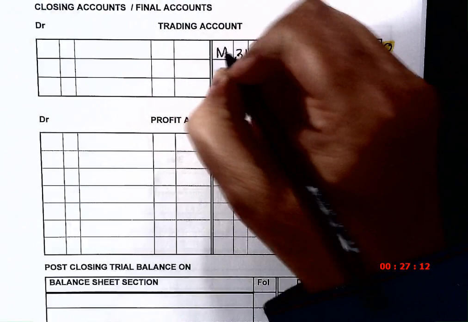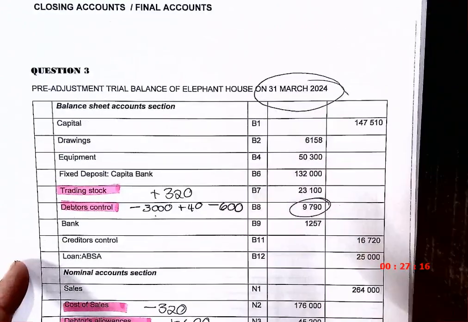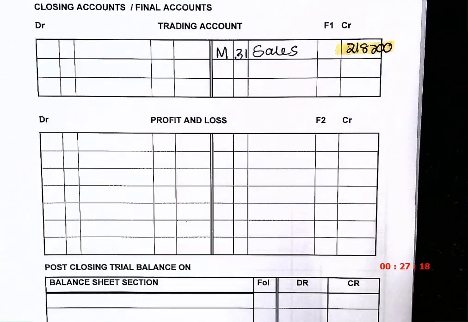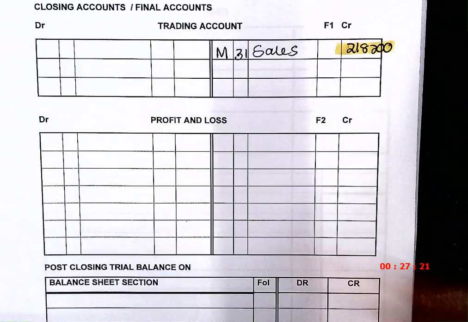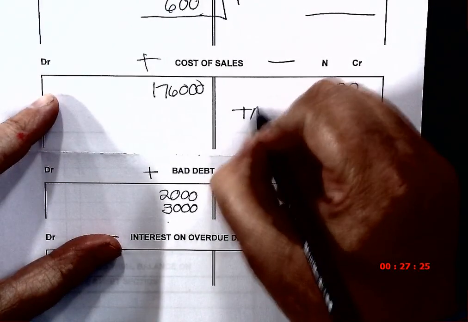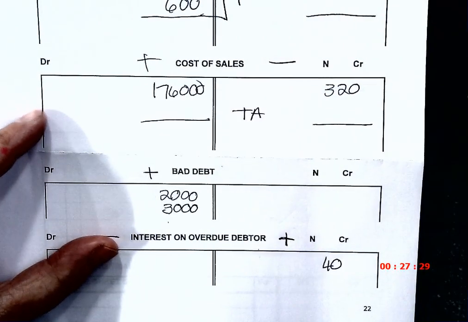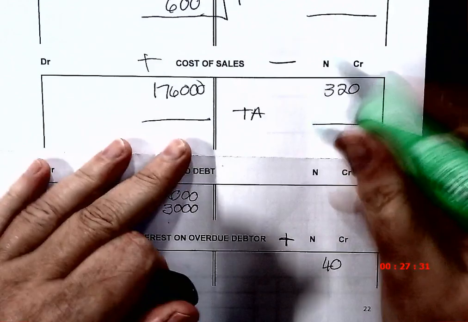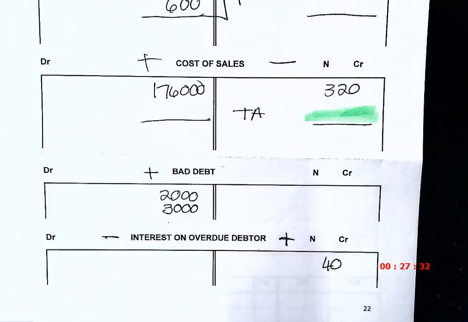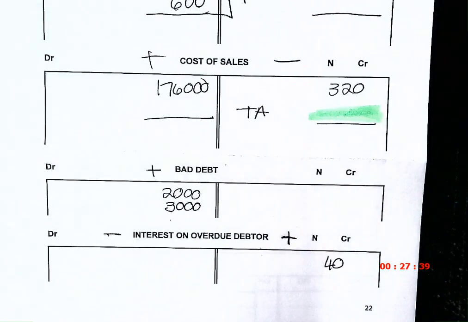How do I know it? Here. Second step. I close cost of sales to the trading account. Now if I look there, what is my cost of sales that goes to trading account? The moment something is on an opposite side, do I plus or minus?